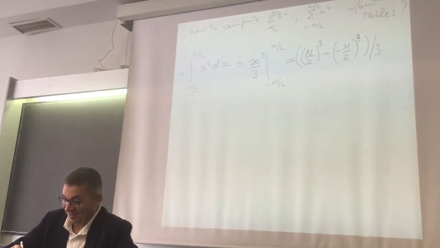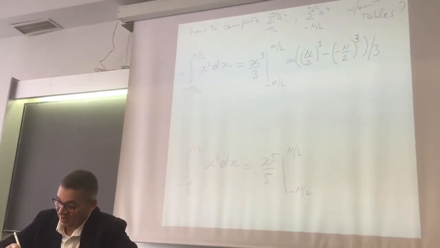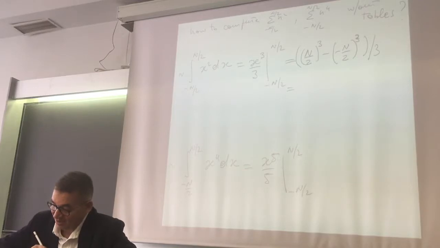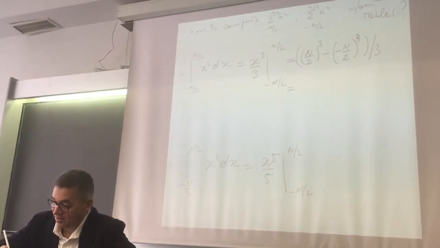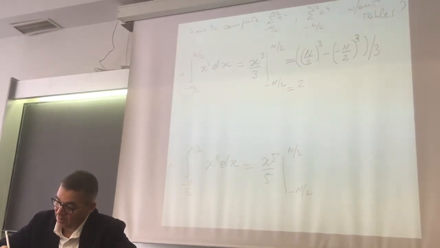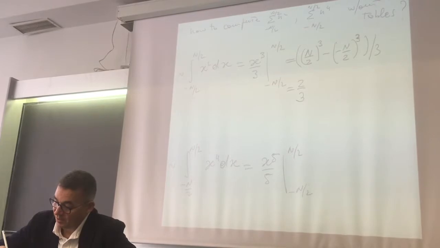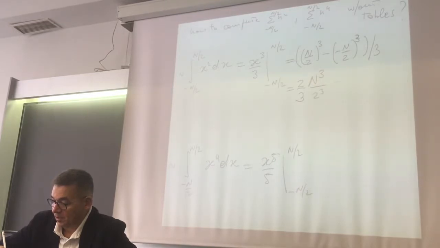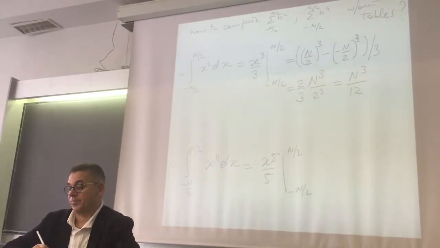I like this one. So that is equal to, n cubic, minus is plus, so it's 2 times n cubic divided by 2 to the power of 3, divided by 3, which is n cubic divided by 12.